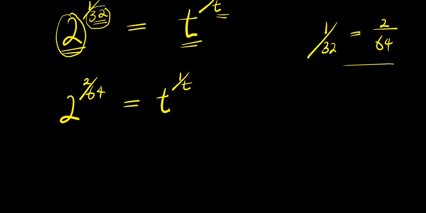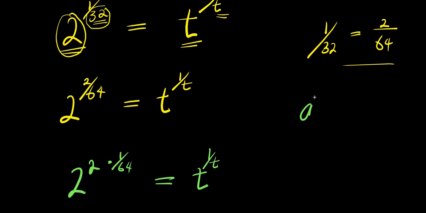And from here, I can factor out 2. I have 2 power 2 over 64, so I can factor this 2: 2 times 1 over 64, and this equals t power 1 over t. Now, a power n times m equals a power n to the power of m.